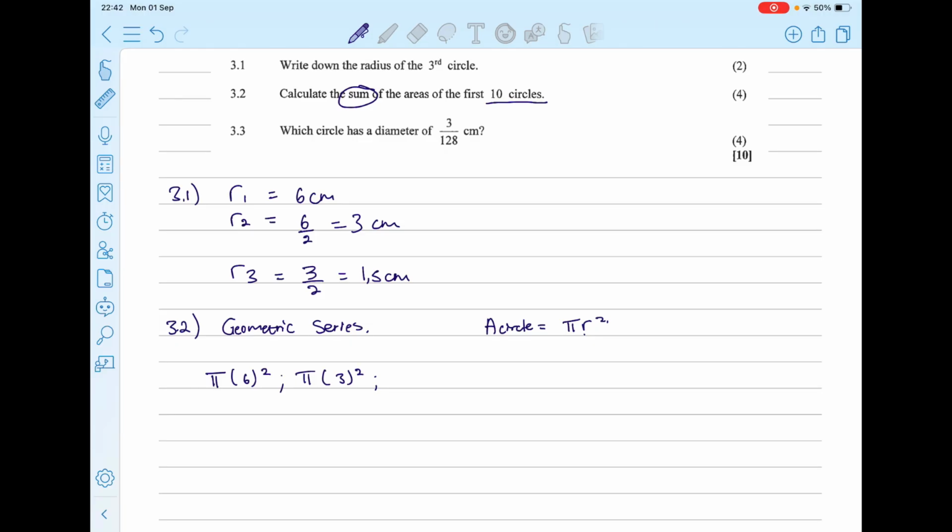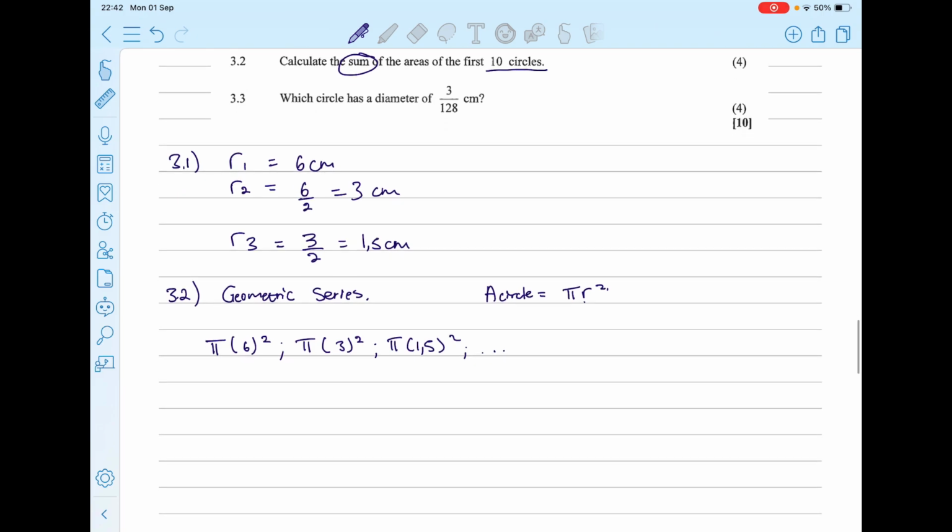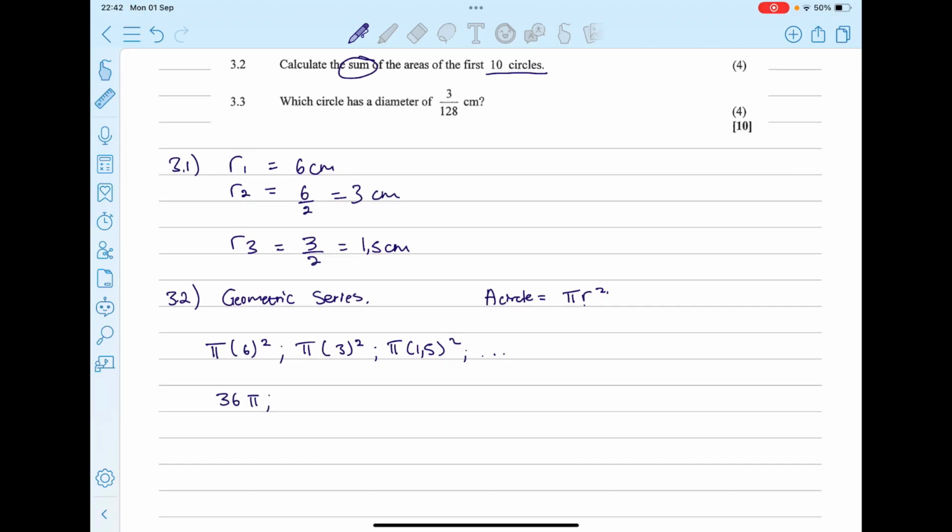The third term would be pi 1,5 squared, and so on. Simplifying this, we get 36 pi, 9 pi, and lastly, 1.5 squared is 9 over 4 pi, and so on.